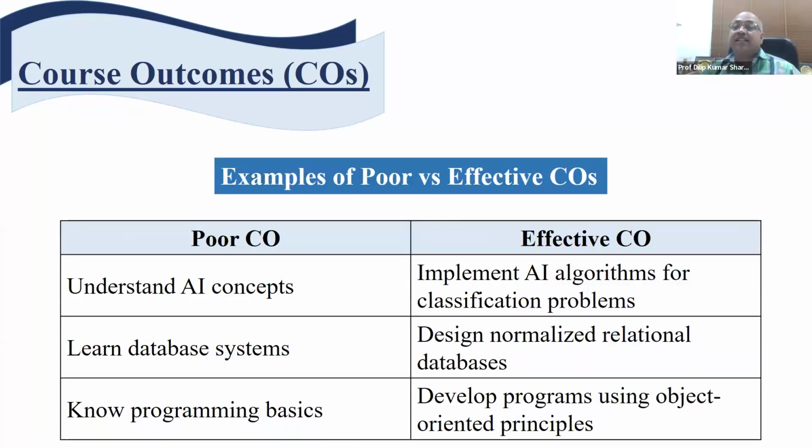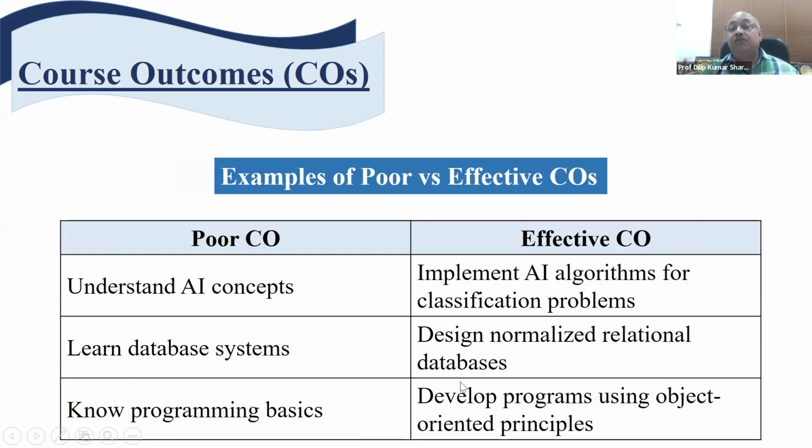You can see the poor versus effective course outcome. That is very important. Say, "Understand AI concept." How much understanding, and how will you know? But an effective CO is "Implement AI algorithm for, say, classification problems, regression problems, or other kinds of problems." "Learn database system."